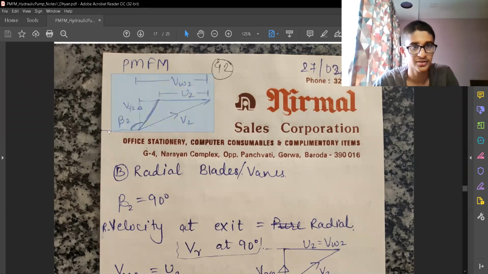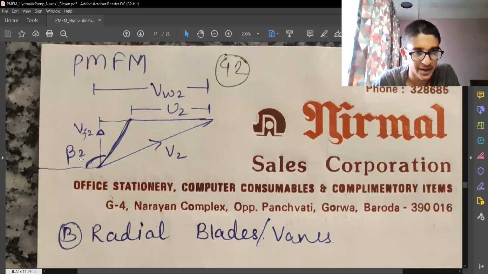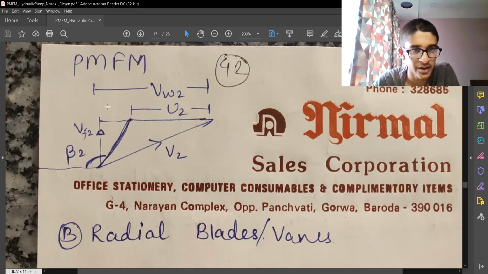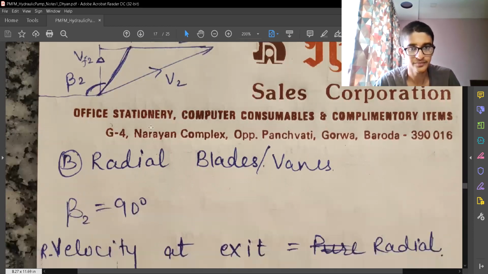Here it is, this is the velocity triangle. Here we have defined beta 2, that is greater than 90, V2, VR2, VF2, VW2, and U2. From here we can see VW2 is greater than the blade speed U2, and this is the forward facing blade.